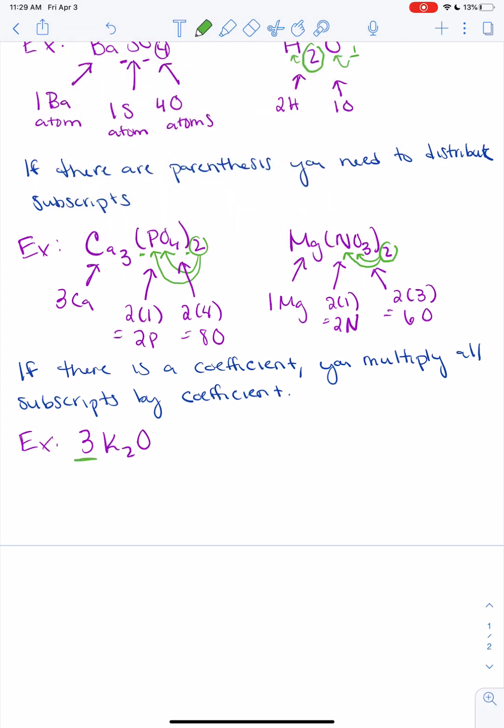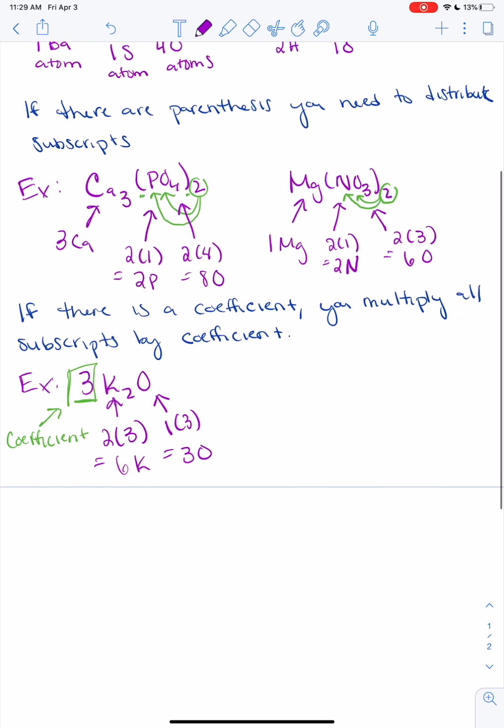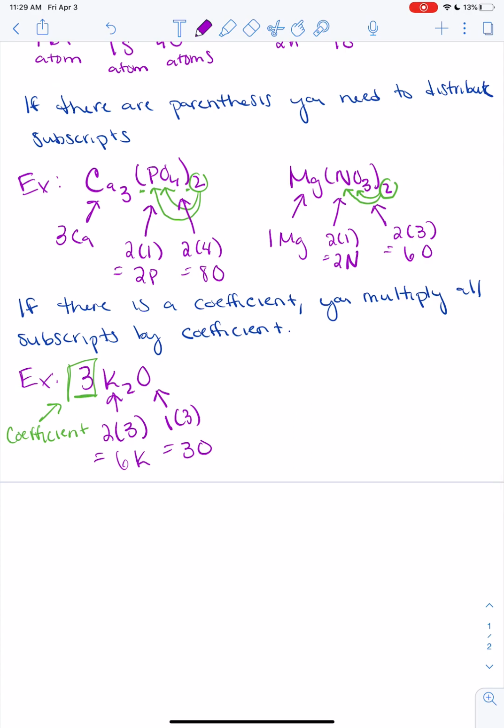This 3 is the coefficient. It's just a number in front of our molecule, okay? So now when we're counting, we would have had 2 potassium, but we have to multiply by the coefficient, 3. So we actually have 6 potassium. And oxygen, we would have had 1, but we have to multiply it by 3, so we actually have 3 oxygen. Let's do one more.